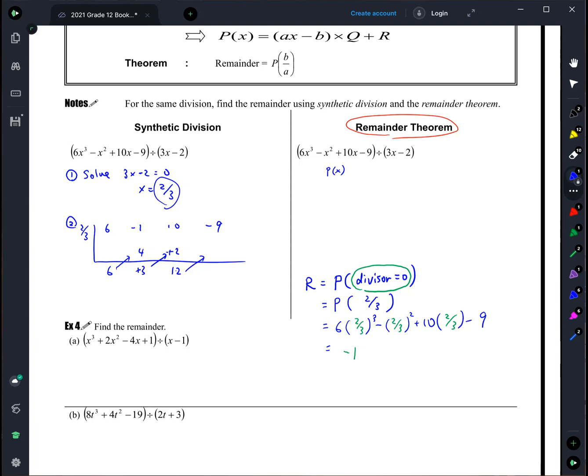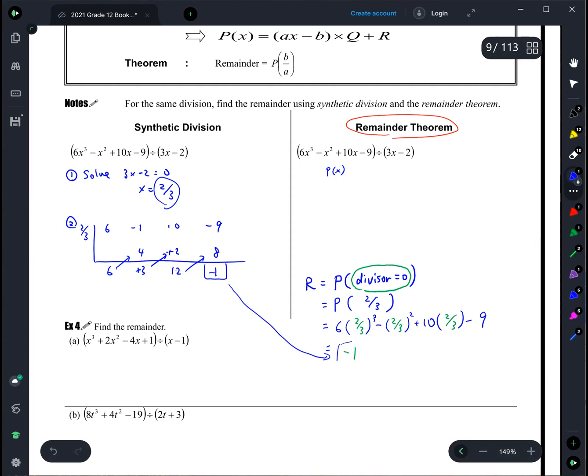You put 8. Okay, add together, you will have -1. Very good. So that matches our remainder here. We have found the remainder without actually dividing it.